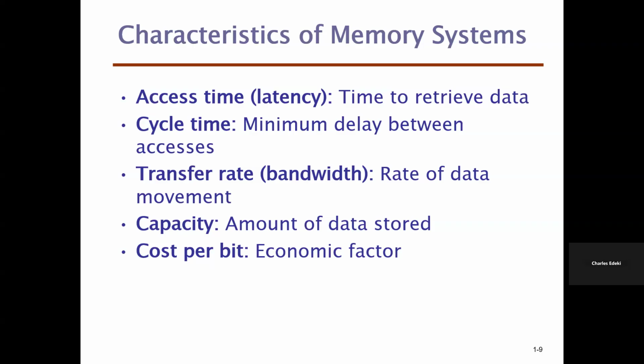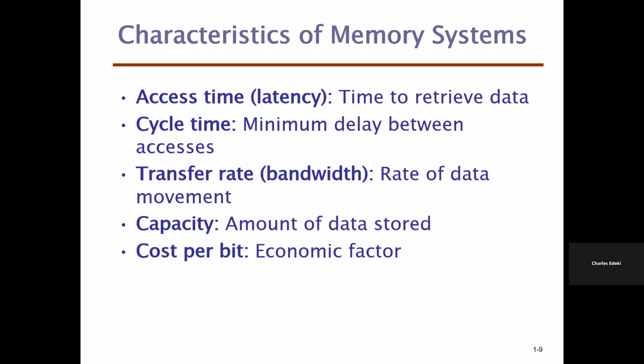Access time means the time we need to read or write data. Cycle time is the minimal delay between successive memory operations. Then we have the transfer rate, which is the bandwidth, as we said, the rate at which the data can be moved.